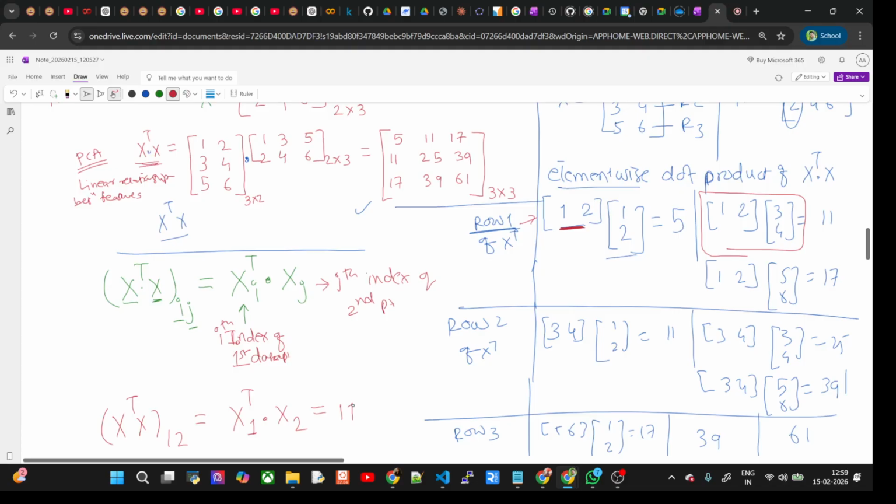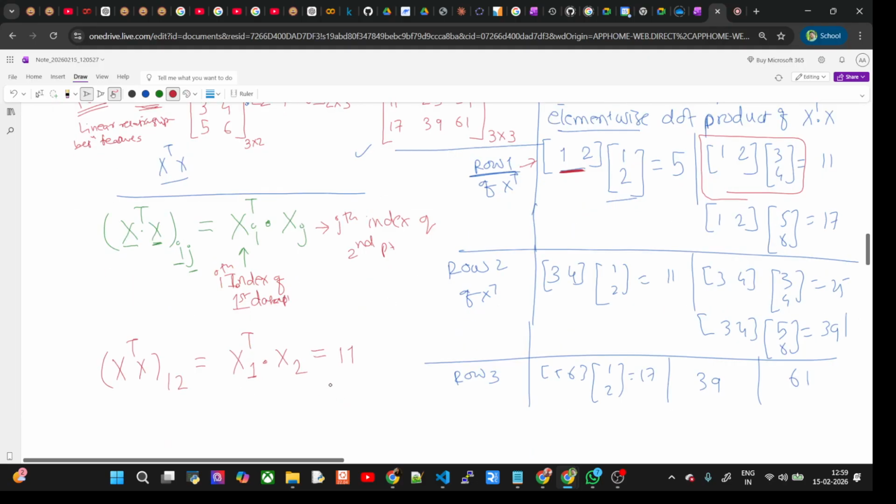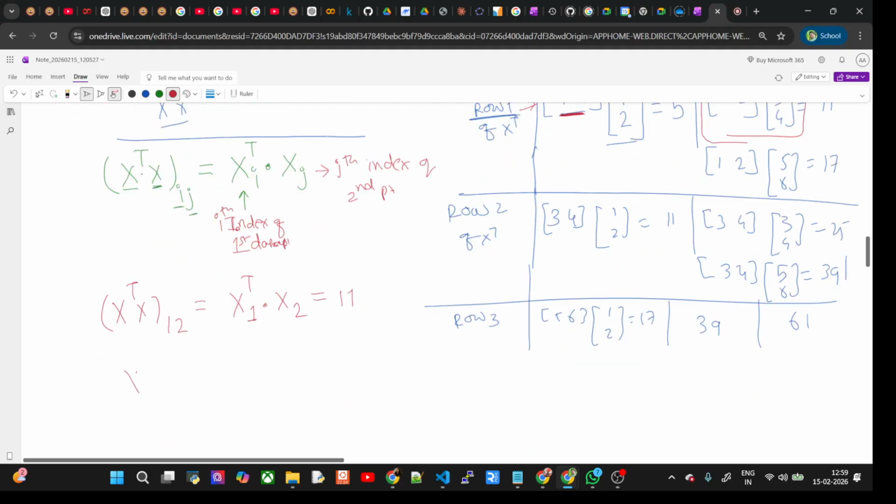So if I say X transpose X of, for example, 2 comma 3, which is nothing but X transpose of 2 dot product with X of 3, what is this?